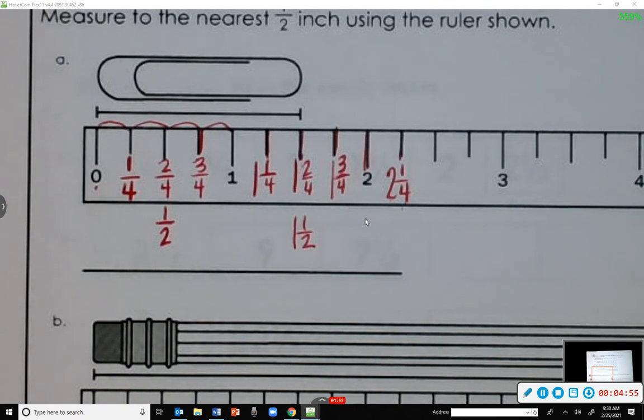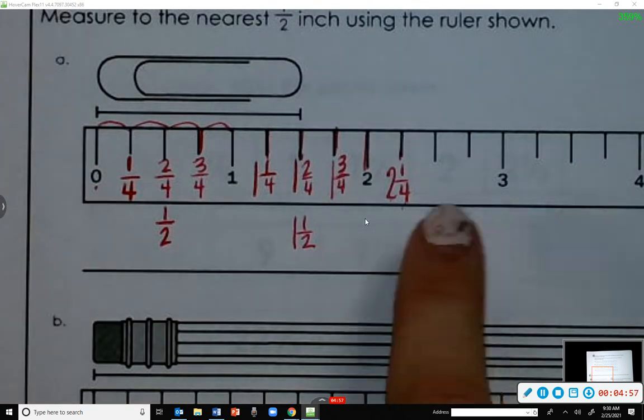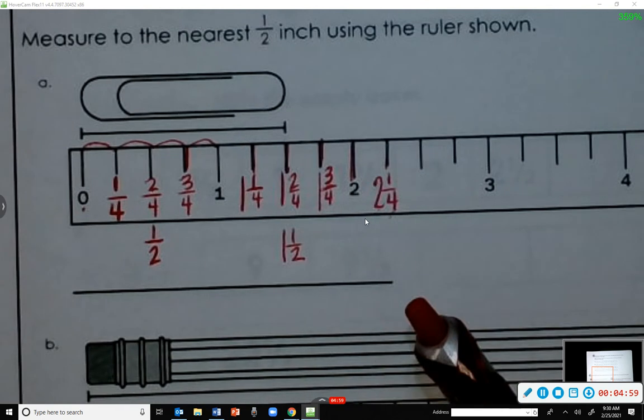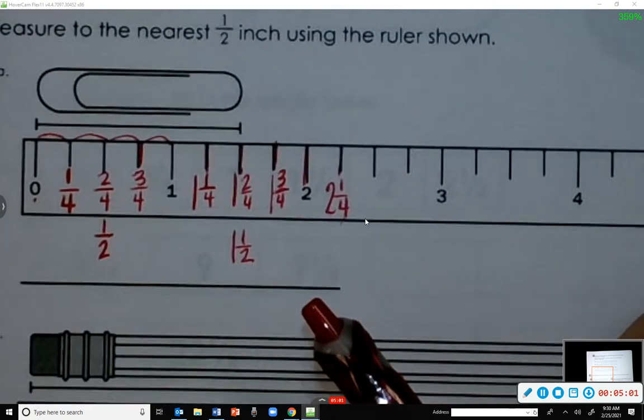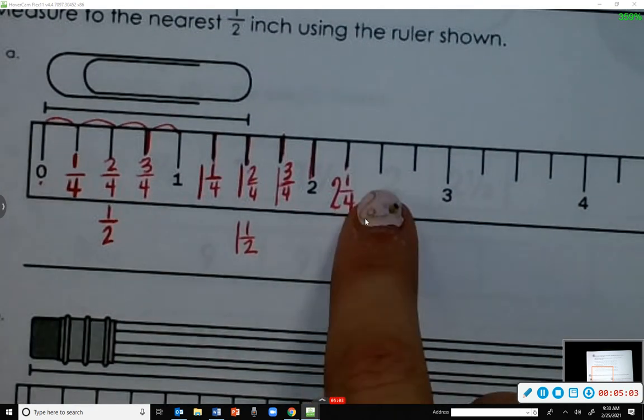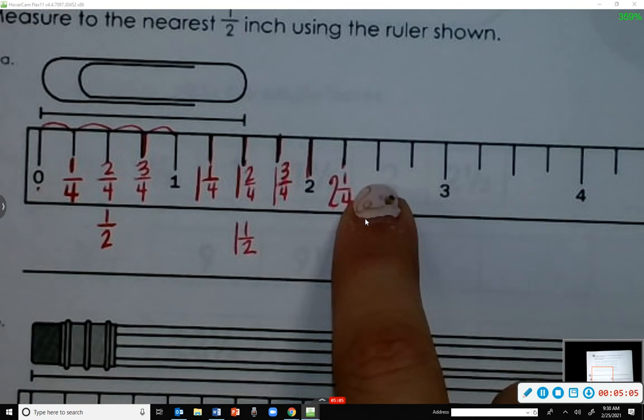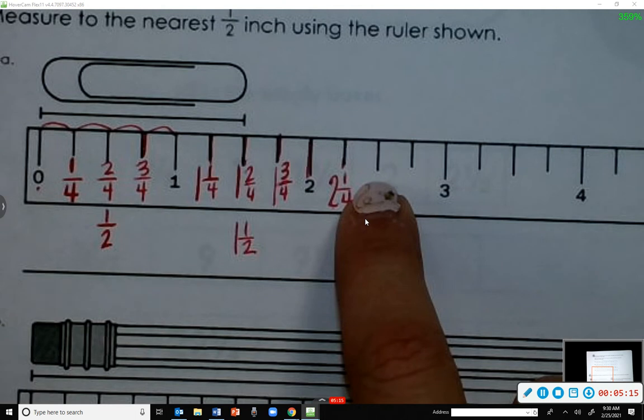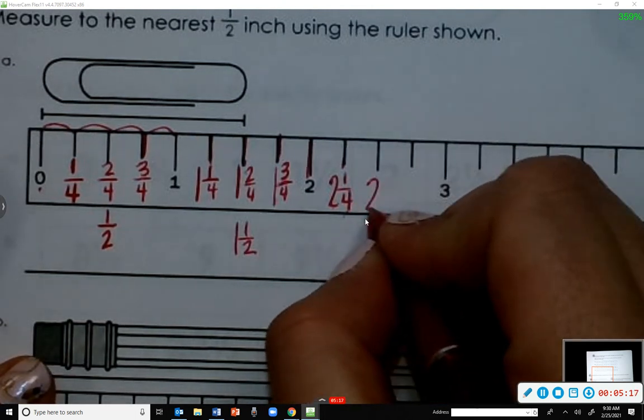Okay, now I want you guys to go ahead and see if you can label all the way to the end. Okay, so what would come after 2 and 1/4? Next would be what? 2 and 2/4. Why are y'all so quiet?